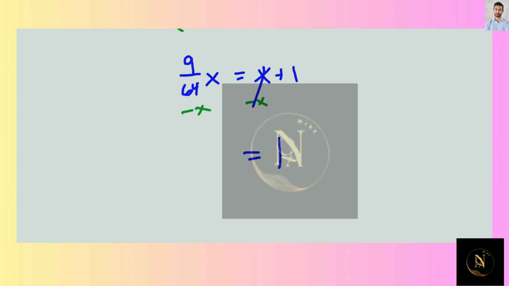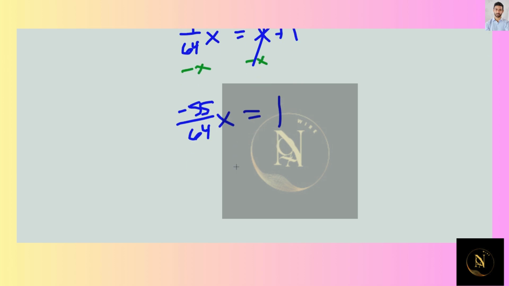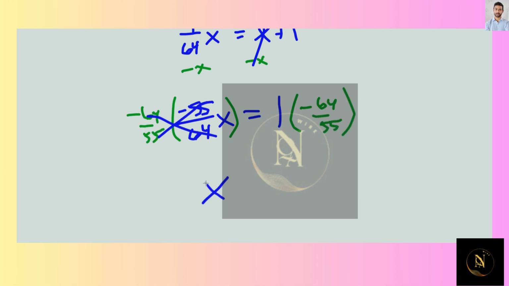And 9 minus 64 is negative 55/64 x. Now multiply both sides by negative 64/55, and you'll get x equals negative 64/55.